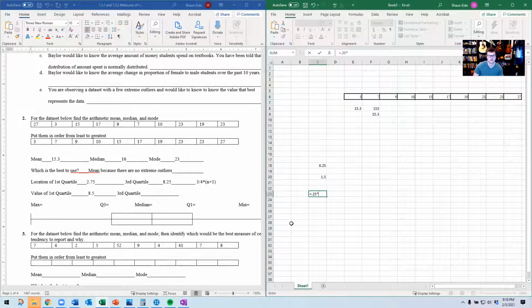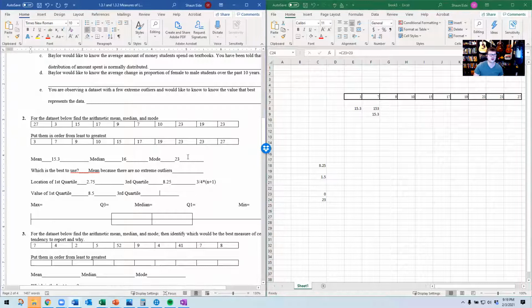Well, if the difference between the 8th and the 9th value is 0, you take that 0.25, multiply it by 0, which gives you 0, and then 0 plus the 8th value, which is 23. So it's actually 23. So if you have something like 8.25, and both the 8th and the 9th value are the exact same thing, then just put 23.